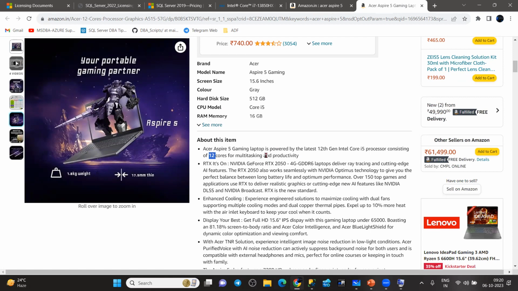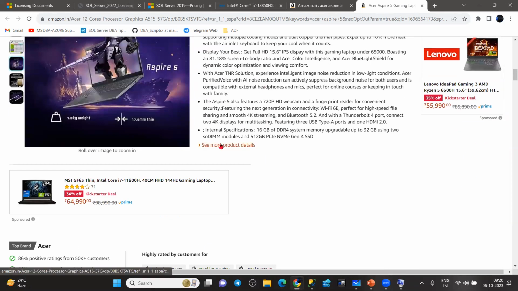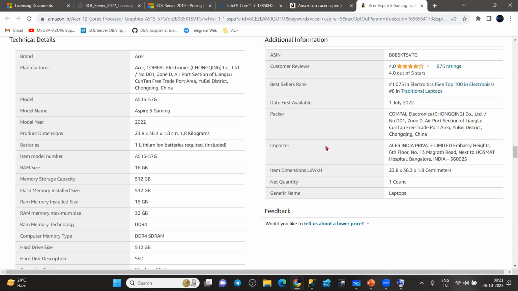How many cores your laptop or your server is configured with, based on that your license cost will vary, whether you go for Enterprise Edition or Standard Edition. It will vary based on your cores.